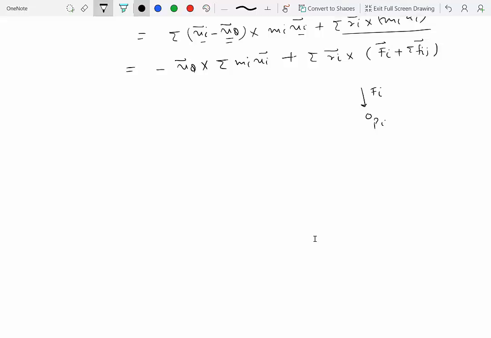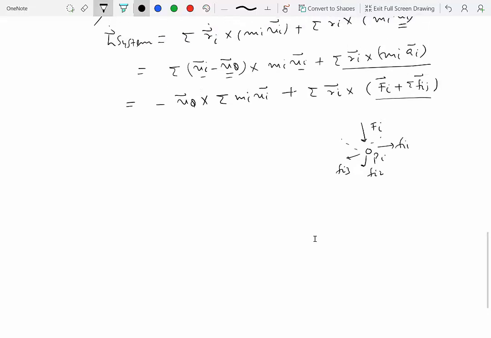This is not to say there's only one external force. Whatever number of external forces you have, you add them together vectorially and you get one vector, which is Fi. And then you have a bunch of internal forces, so Fi1, Fi2, Fi3, and so on. So that's what we have over here.